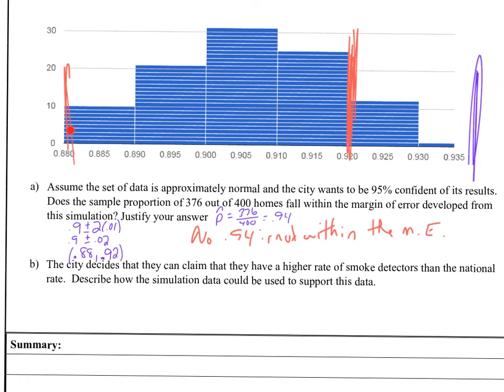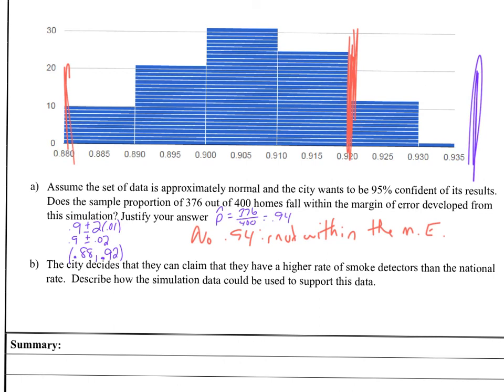These are the answers from here to here, 0.88 all the way to 0.92, that you would expect to see if the true rate in that town was 90%, which is what they say the national average was. So for it to be way above, the only thing we can say is that this would not be likely to occur. This is a very rare number because it's outside of the 2 standard deviations. It's not likely to occur due to random variability. So yeah, they can claim it.